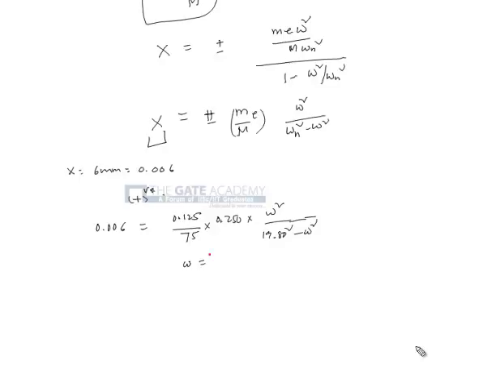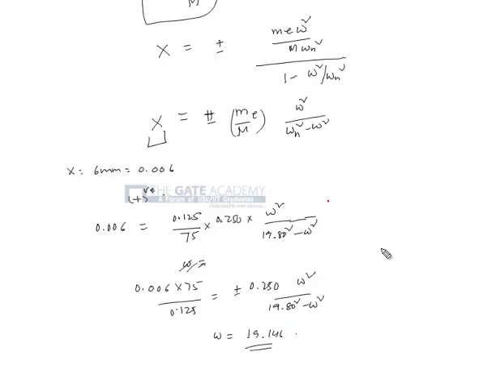Let me use the calculator to find omega. I can write 0.006 into 75 by 0.125 is equal to plus or minus 250 omega square by 19.8 square minus omega square. If I simplify, I get omega as 19.146.